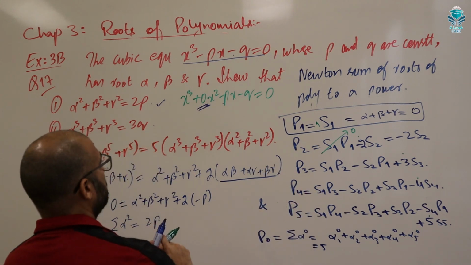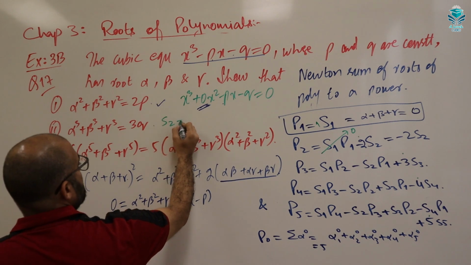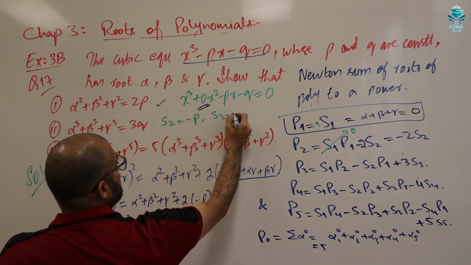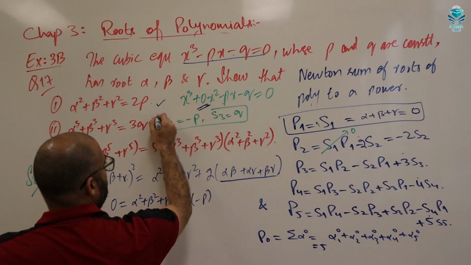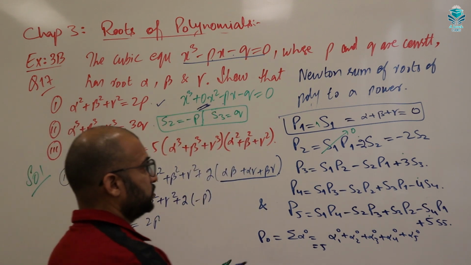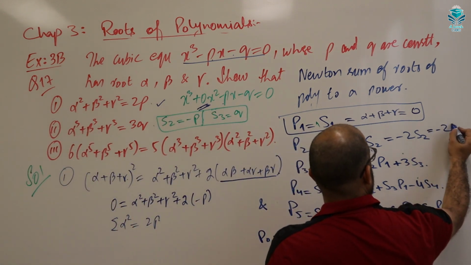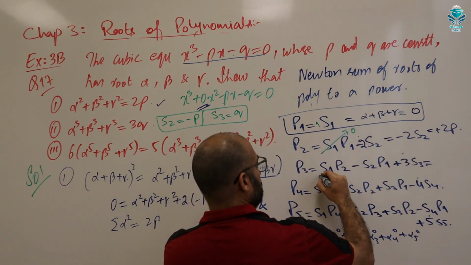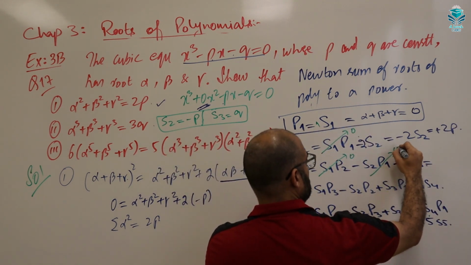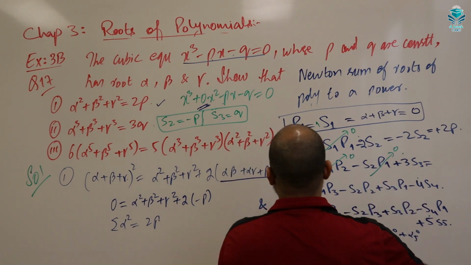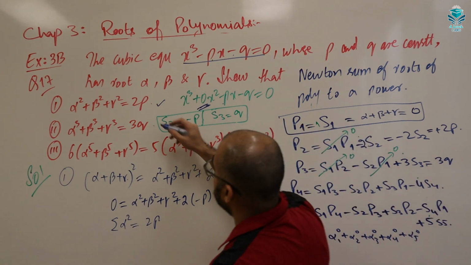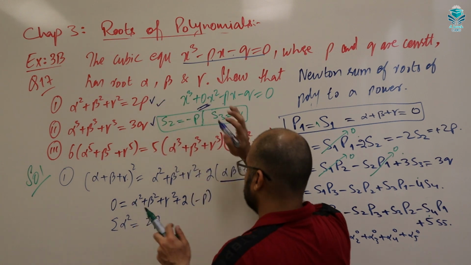So you can write from here S2 is minus p, and S3 is Q. Understand? So you have minus 2 times minus p, which is plus 2p. For P3, since S1 is 0, P1 is 0, we have 3 S3. And S3 is Q, so you have 3Q. First part and second part are done.